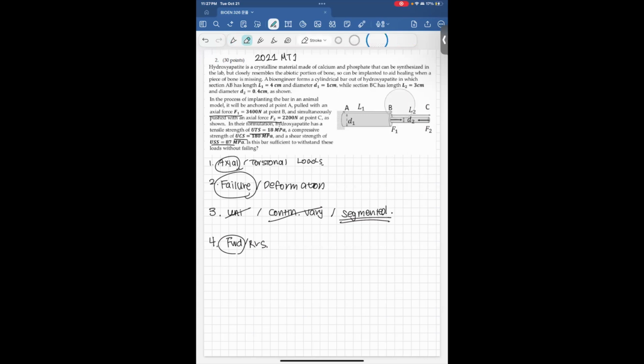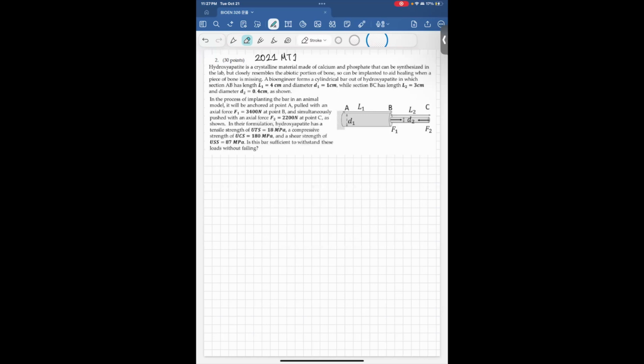So let's solve this question together. Number 1 is that we need to draw a free body diagram. Because this is a segmented object, we need to be careful about where we divide and segment our object.